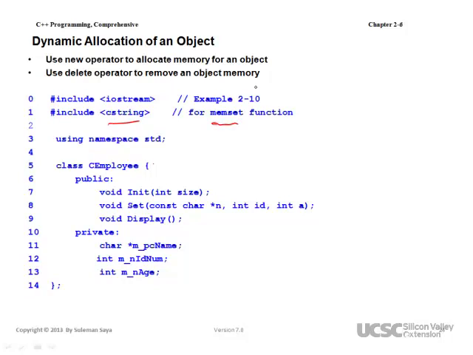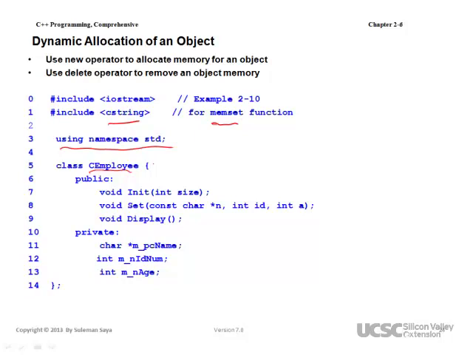The memset function allows you to initialize the memory to whatever you want to. And then at line number 3, I have using namespace std, so we can use the cout object easily. And then my class, the CEmployee class, starts at line number 5.